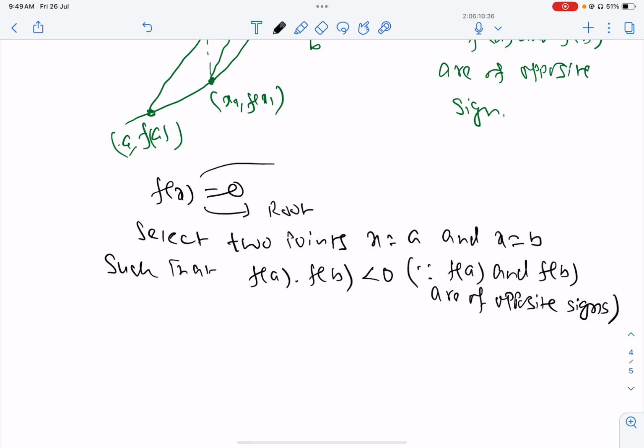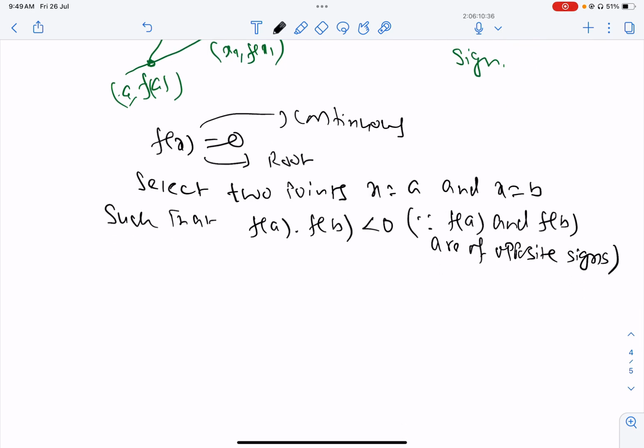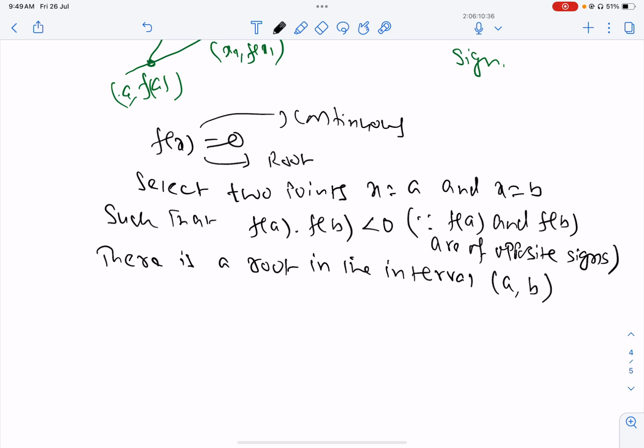This function is continuous. So we can definitely say that there is a root in the interval AB.